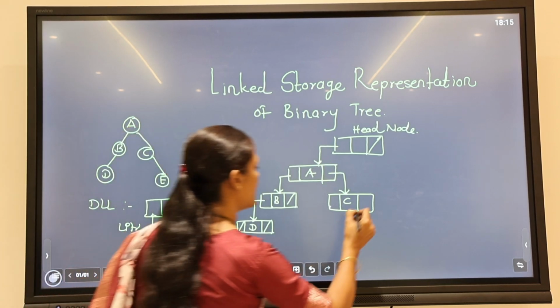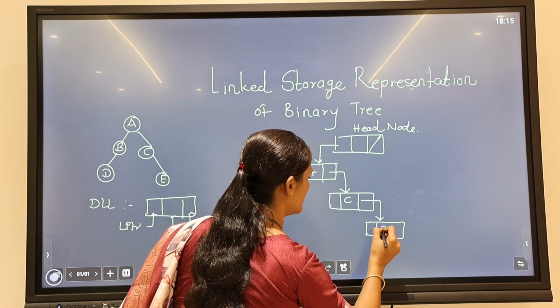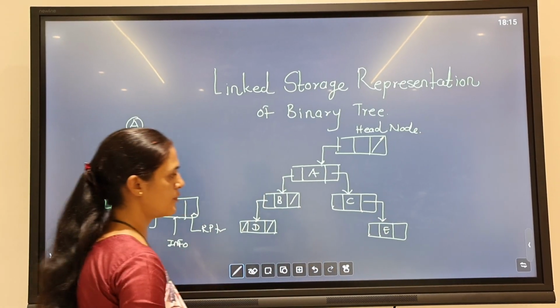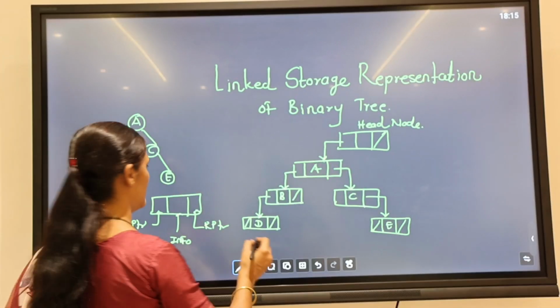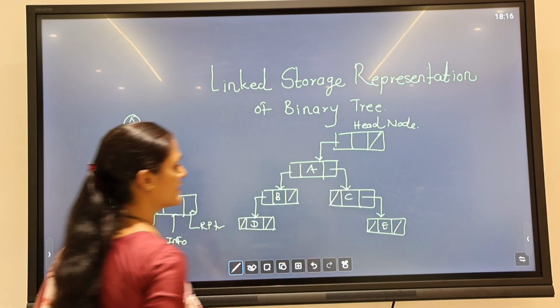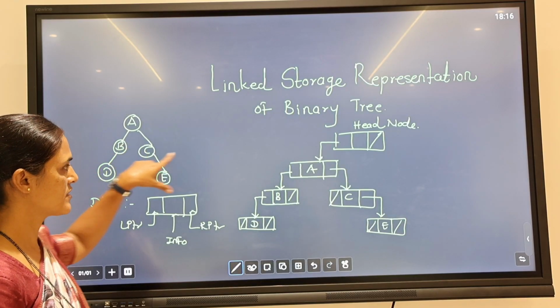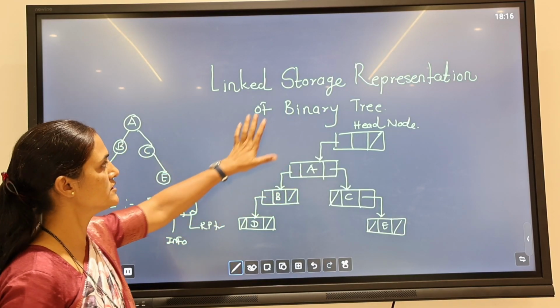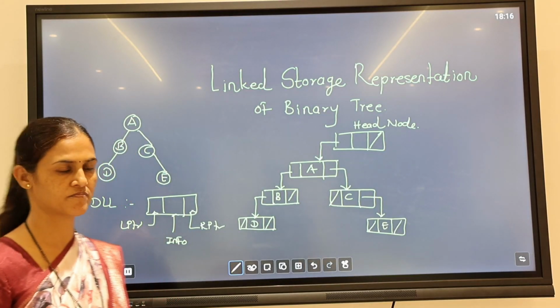C has only right child, so connect node E in R pointer of C and mark them as null. Again node C has no left child, so mark it as null. So for this binary tree, its linked storage representation is as shown in this figure.